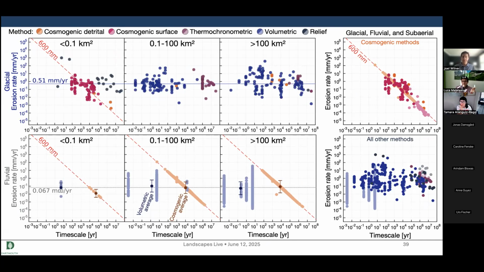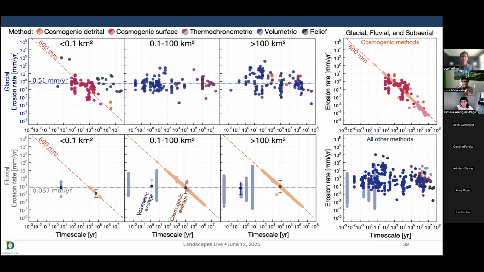Yeah, so it's quite a robust methodology that spans a few different measurement types, but you can think of it as averaging over a basin.